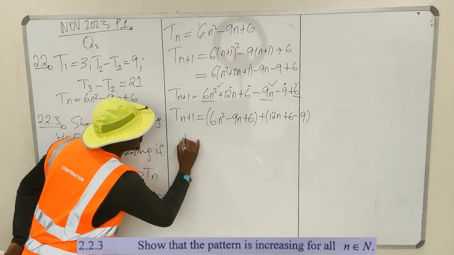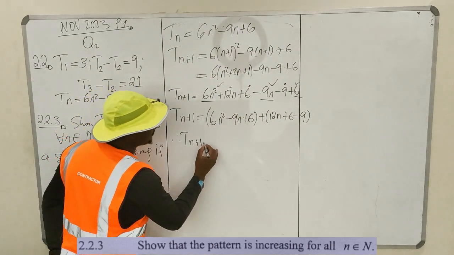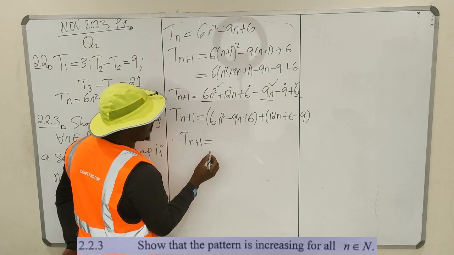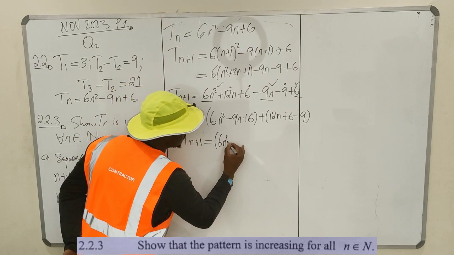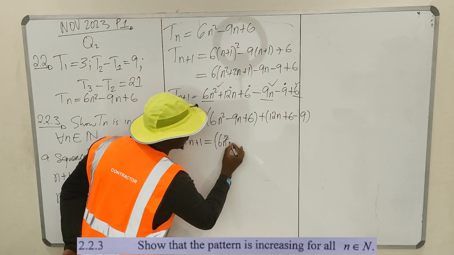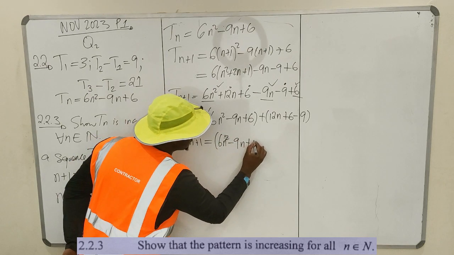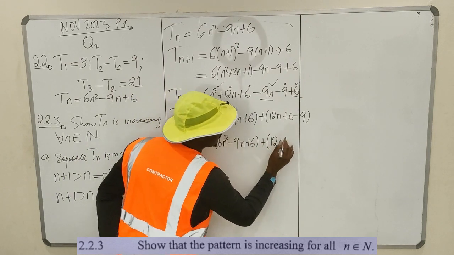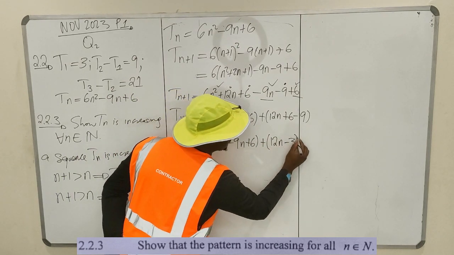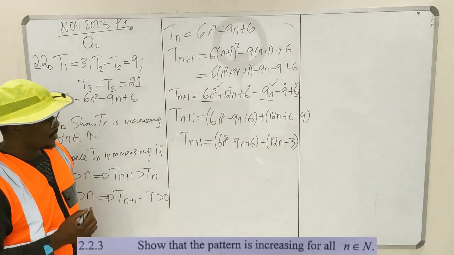So therefore, your Tn plus 1 is equal to 6n squared minus 9n plus 6 plus 12n minus 3. This is what we're left with.